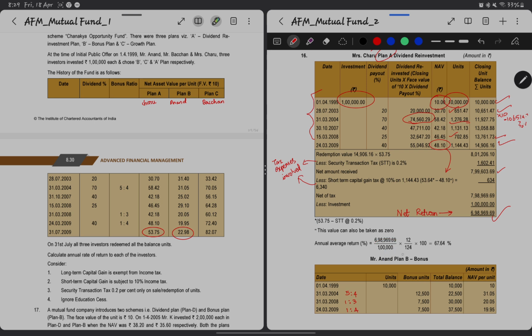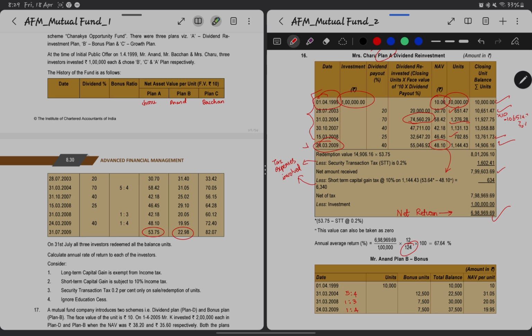So 6,98,969 divided by 1 lakh into 12 divided by 124 multiplied by 100, because we need only the annual return. As you can see, we have invested in 1999 and then sold in 2009, so almost some 10 years gap is there.